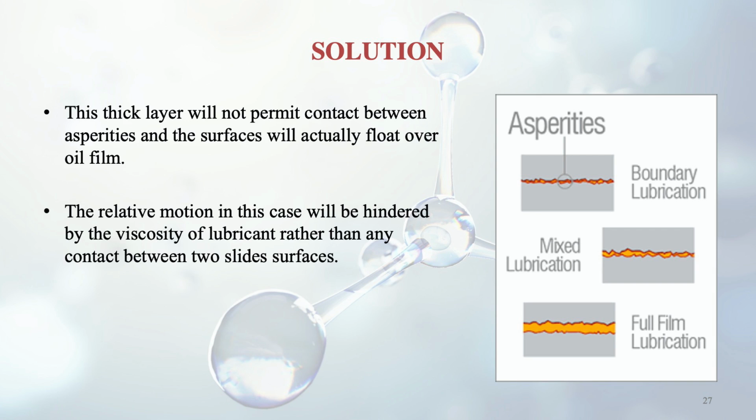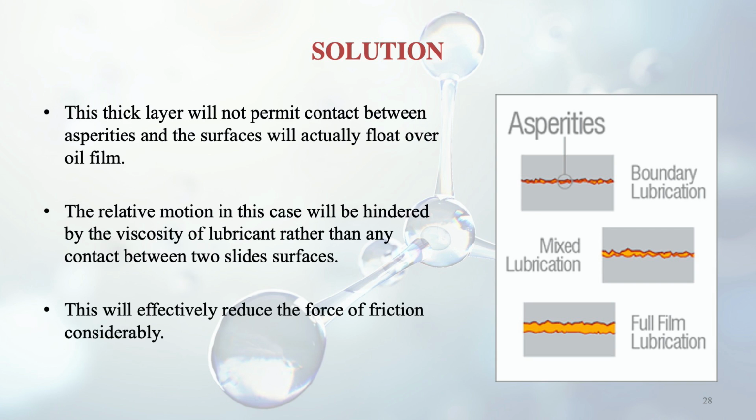So viscosity is the term, and you must have read about it in fluid mechanics also, and through the viscosity this thick film lubrication is affected, and the viscosity plays a major role instead of the contact between the two surfaces, and this will effectively reduce the force of friction considerably, and this situation is known as fluid or film friction.